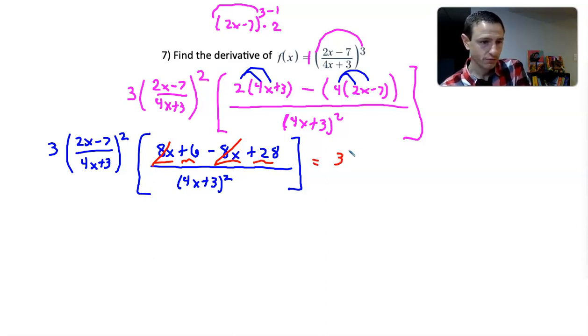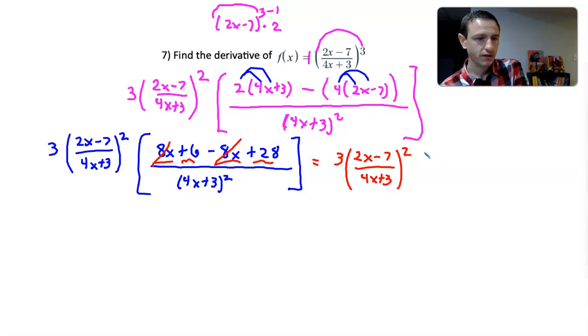So let's rewrite everything. A little tiring. (2x minus 7) over (4x plus 3) raised to the second, and then I just have 6 plus 28, which is going to be 34, over (4x plus 3) raised to the second.